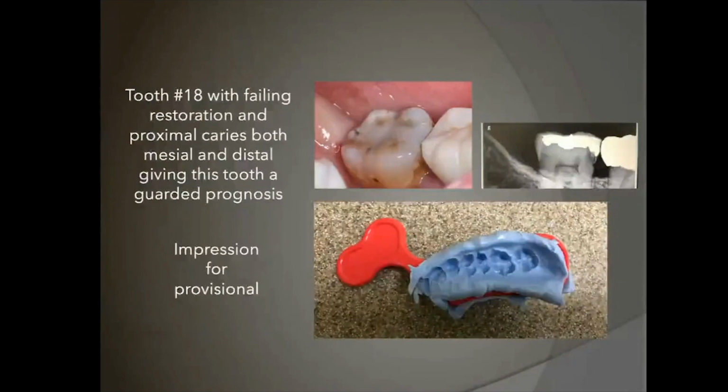Here's tooth number 18. It has a failing restoration. There's proximal caries, and the tooth has a bit of a guarded prognosis, especially when you think maybe it needs endo. So what we'll do first is get our impression for our provisional, and we use a product from DMG called Status Blue.